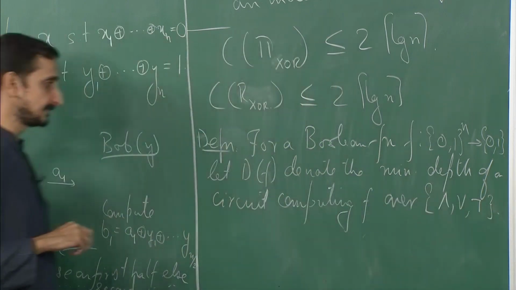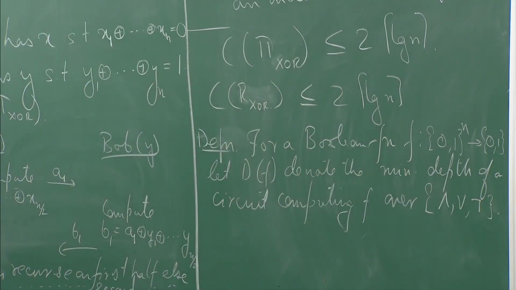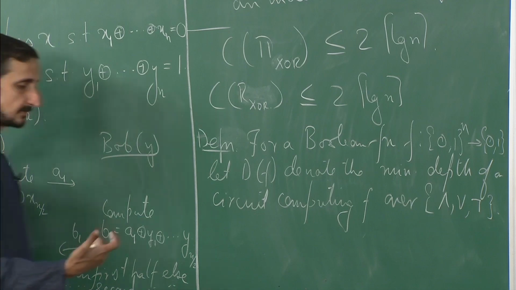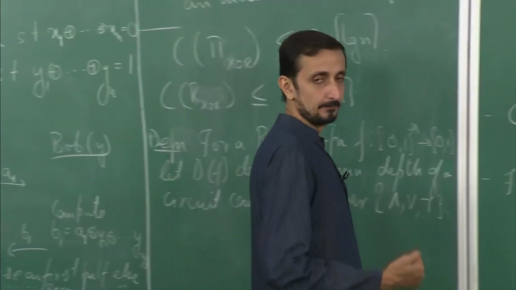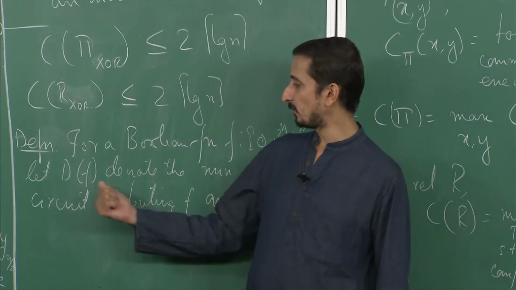So we assume these are gates whose fan-in is bounded by 2. So d of f is the minimum depth circuit that computes f. What can we say about d of XOR?